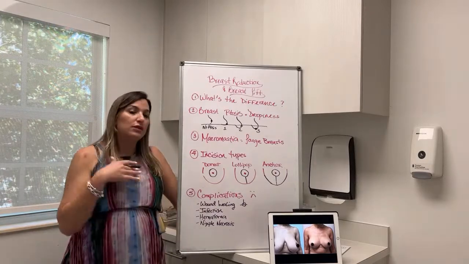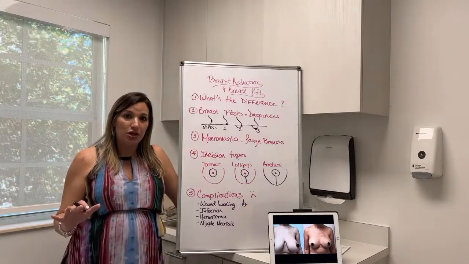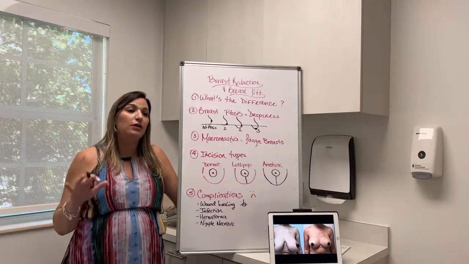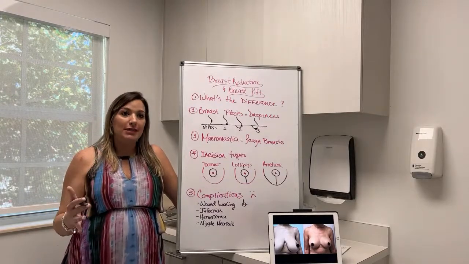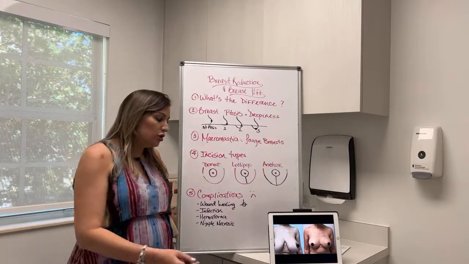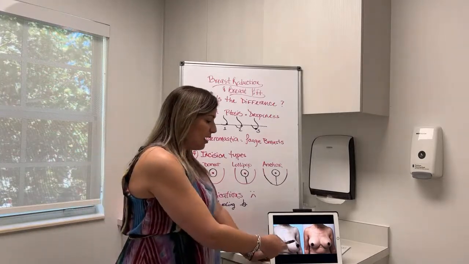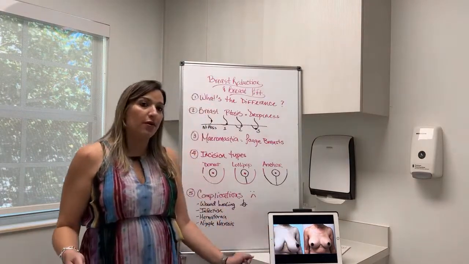And nipple necrosis is the other one. Very, very rare complication of a breast reduction or breast lift, but it's never zero, okay? Why does this happen? Because we have to move the nipple. Just imagine, this nipple is here, I have to rotate the breast tissue to put it there, okay?